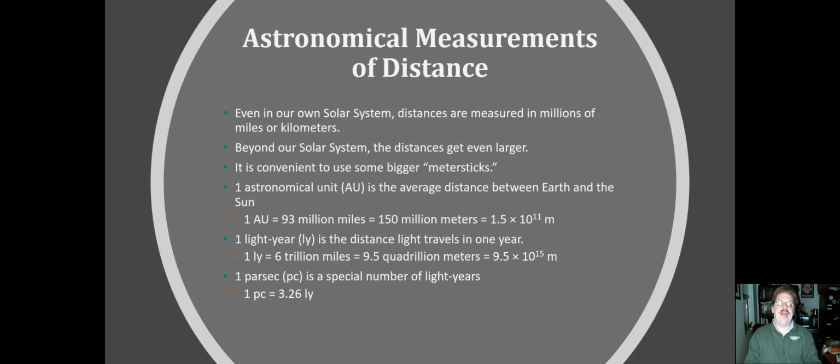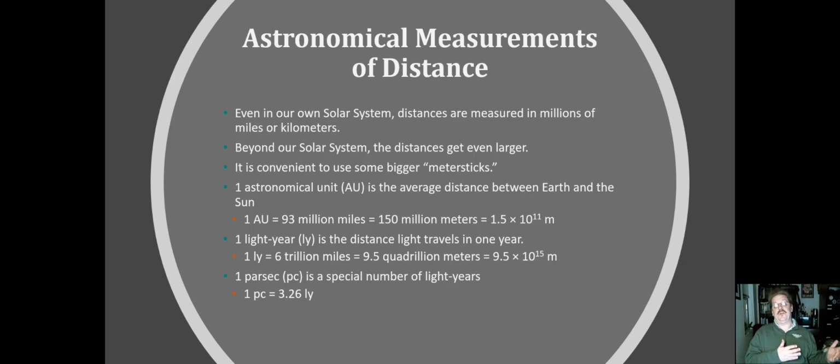Let us take the average distance from the Earth to the Sun and call it 1. And let's call that unit an astronomical unit, because we are so good at naming things. Very original. So 1 astronomical unit is the average distance between the Sun and the Earth.